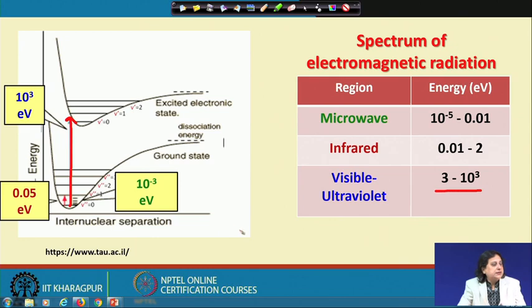And the next part is that the energy range for the vibrational excitation falls in the infrared region, and these are much smaller energy values. And if you look at the energy scale for the transition between rotational energy levels, you find that they are even smaller and they require microwave radiation to promote these transitions.